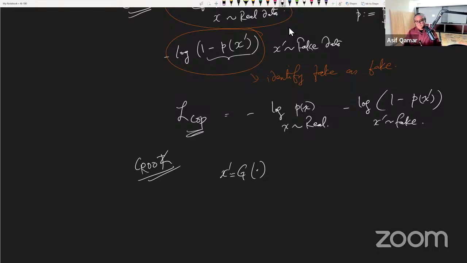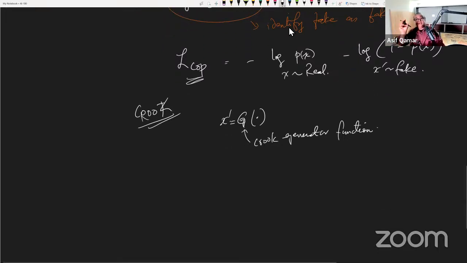So the crook has a generator function. Why is this important? The crook has some mental picture of what reality looks like, and he captures that mental picture in a function G and says, okay, if I use that technique, then here is a good fake I'll produce.